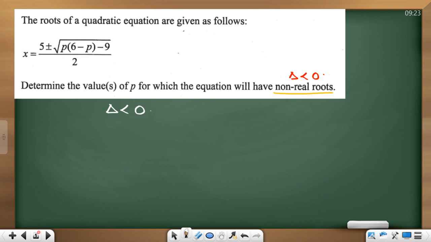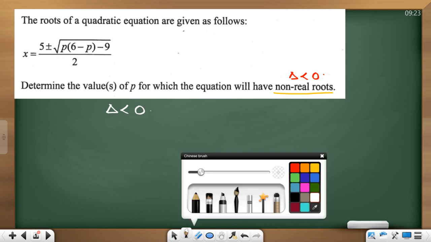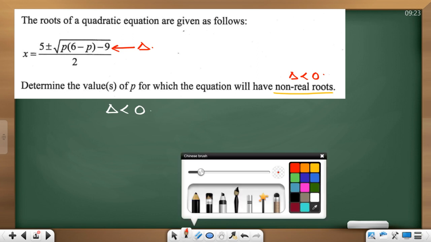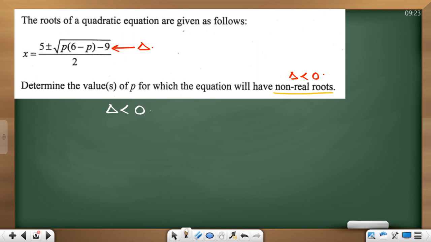In this case, you don't need to put up your b squared minus 4ac. Why not? That is my discriminant. Remember we talked about that? That whole thing there is my discriminant. So we just bring that in. p(6 minus p) minus 9 less than 0.